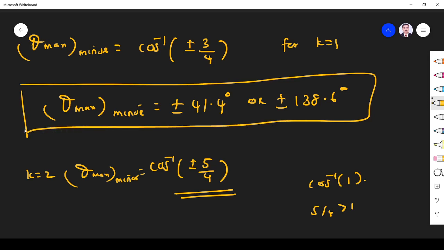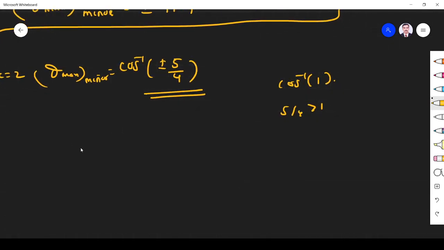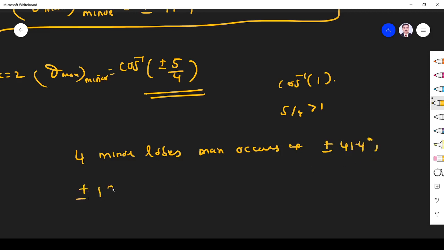Alright. So from this what we conclude is we have 4 minor lobes for n equal to 4 in broadside array, and minor lobe maxima occur at plus or minus 41.4 degree and plus or minus 138.6 degree, right?